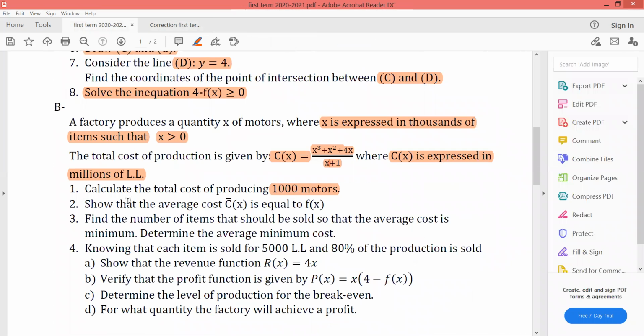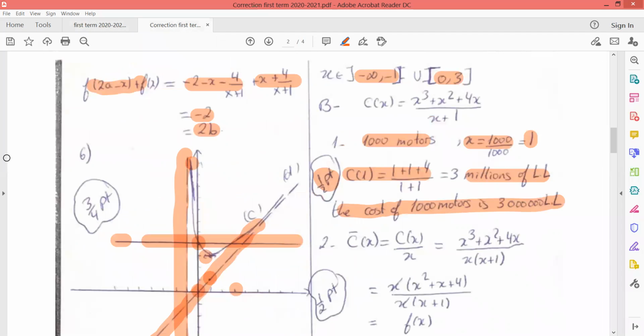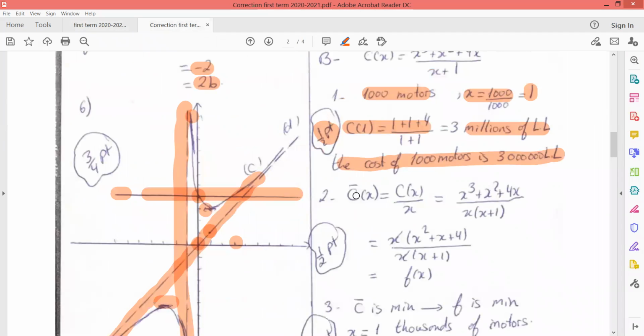Show that the average cost is equal to fx. The average cost is given by the rule: average cost, C bar of x, equal Cx over x. This is Cx, x cubed plus x squared plus 4x over x plus 1, over x. This x remains here.